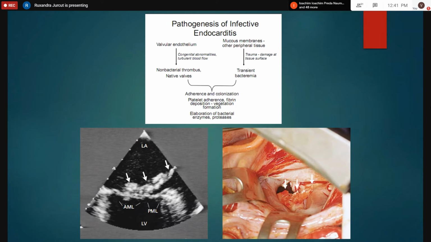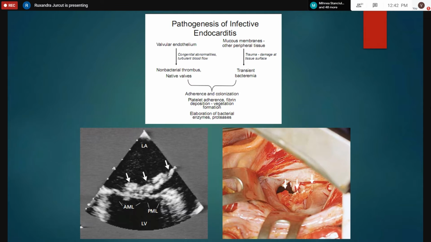Due to this, the first stage of the vegetations consists of quite small structures on the valve, but we don't very often see it because it is a stage where the patient doesn't have many symptoms, the valve doesn't have many competency problems, and therefore the patient is not coming to the doctor due to these very small vegetations.